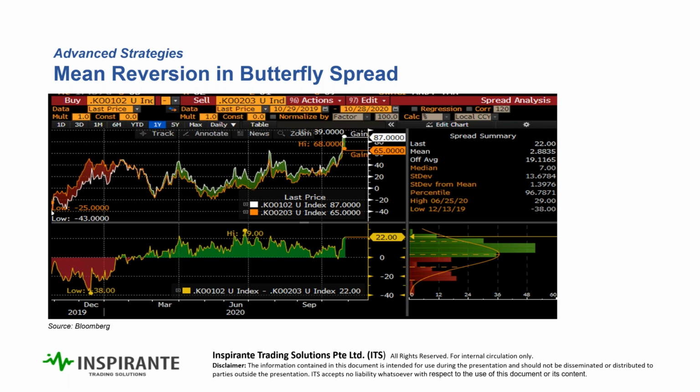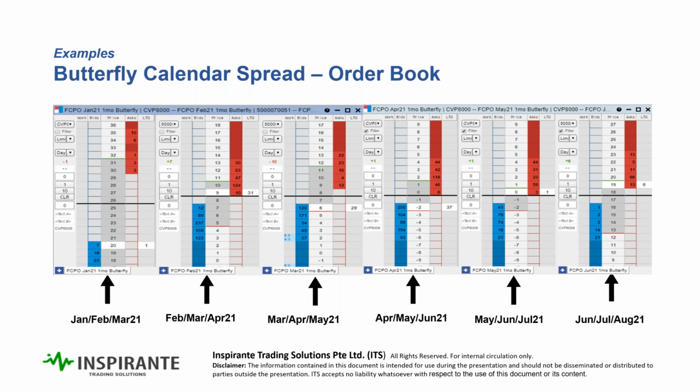All right. This is how a butterfly spread will look on the trading platform. This is listed on the exchange as well. Now, why did I mention this again? Remember, I just mentioned how the spreads are made up by individual months. The butterfly spread is no different. Instead of 2 months, it's just made up by 4 months, if you were to look at it in that way. So I leave it to you to think about this.